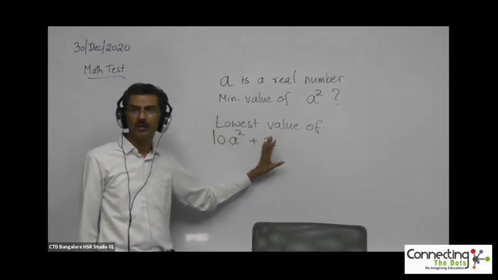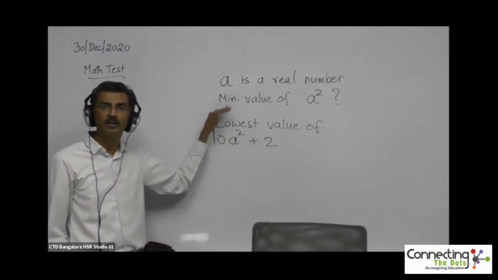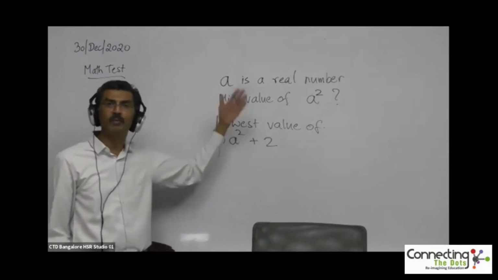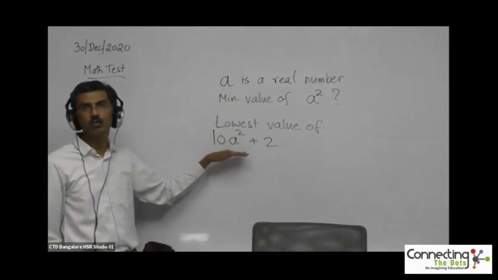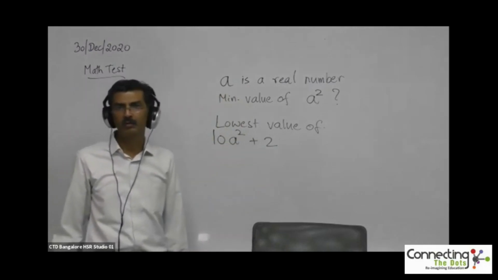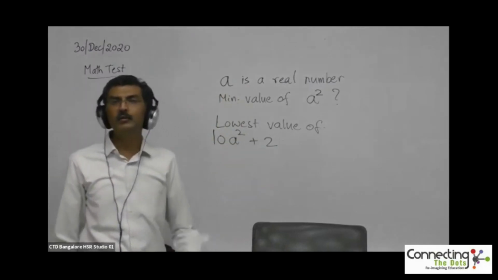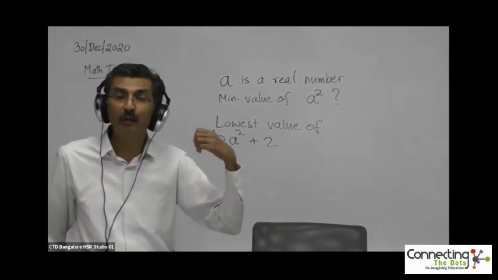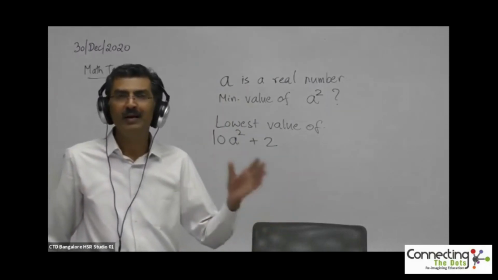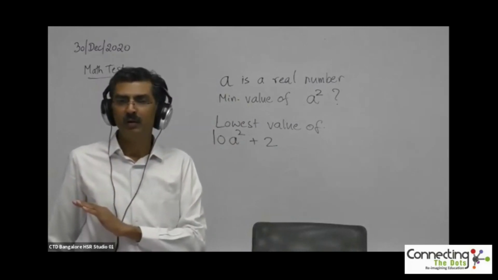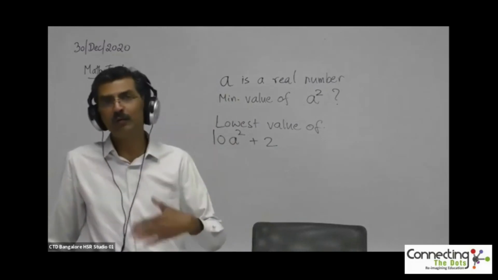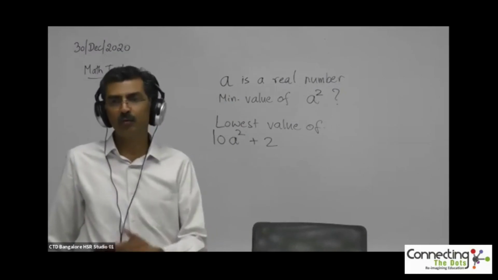So if a square goes up, 10a square plus 2 goes up. If a square goes down, 10a square plus 2 goes down. And so when a square has its highest value, 10a square plus 2 has its highest value. When a square has its lowest value, 10a square plus 2 has its lowest value.